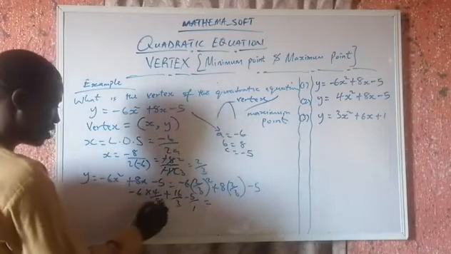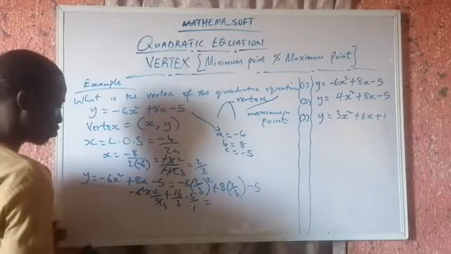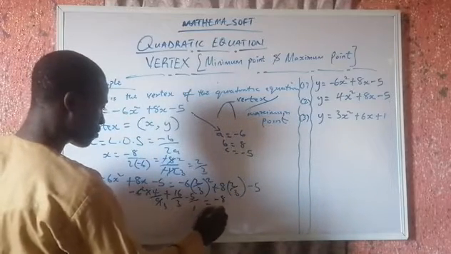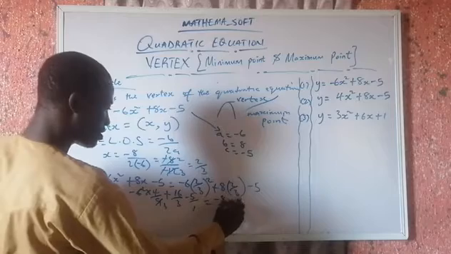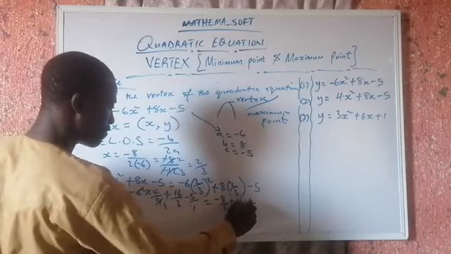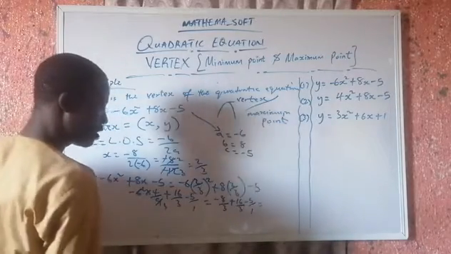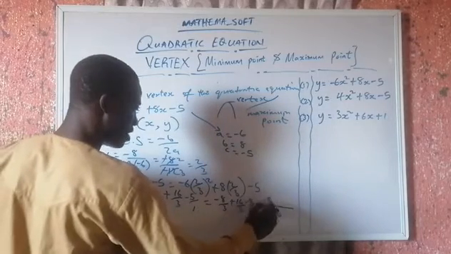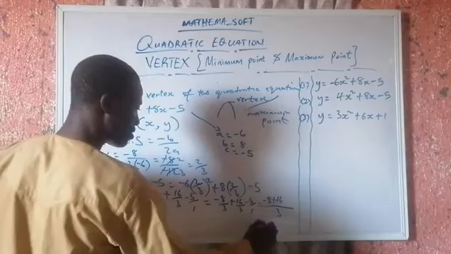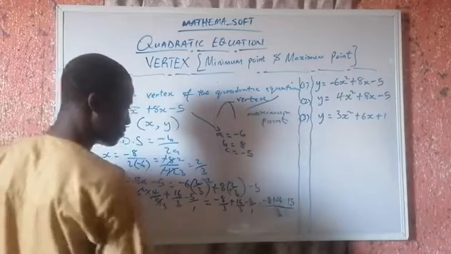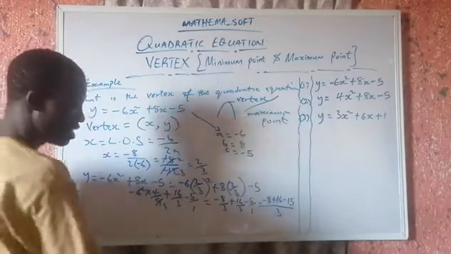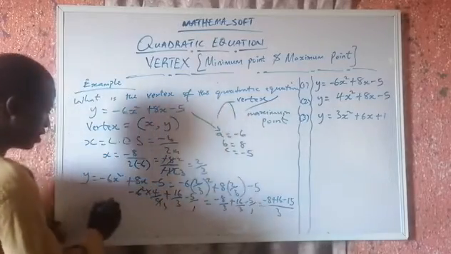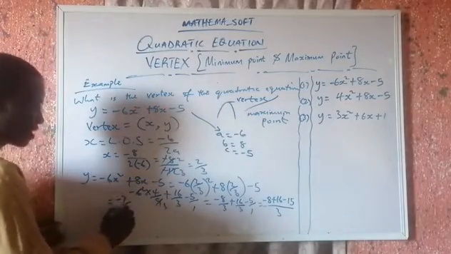Equals 3 here 3, 3 here 2, and then that will give me minus 8 over 3 plus 16 over 3 minus 5 over 1, and that will be 3 as the LCM: minus 8 plus 16 minus 15. This will be plus 8 minus 15, and that will be minus 7 over 3.